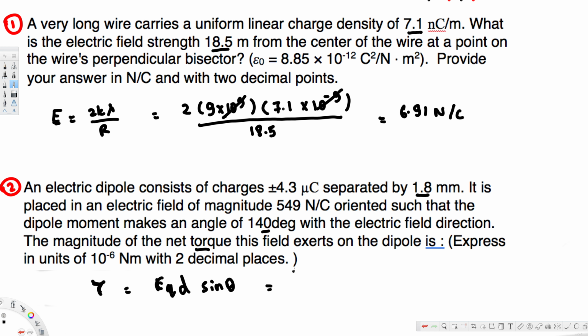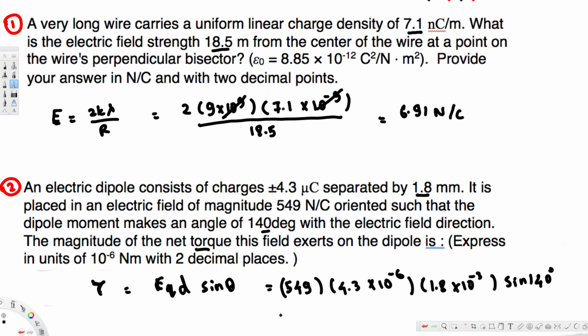E is 549, and Q is, since we are trying to find the magnitude, we don't have to worry about the sign, we just multiply by the charge. So here 549 times 4.3 times 10 to the power of minus 6, and the distance is separated by 1.8 millimeter, so this is going to be 1.8 times 10 to the power of minus 3 meter, and then sine 140 degree.